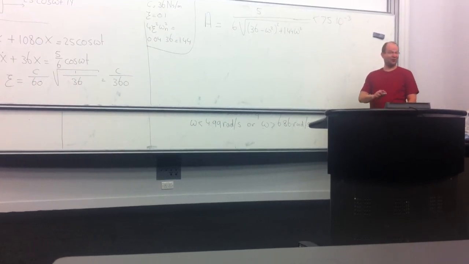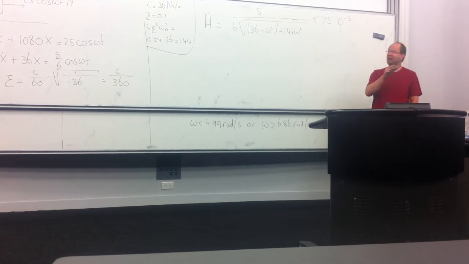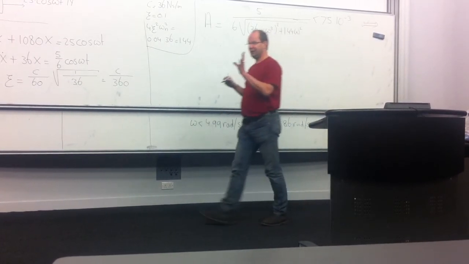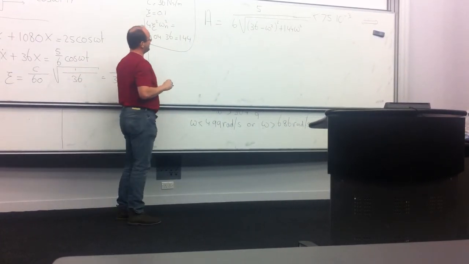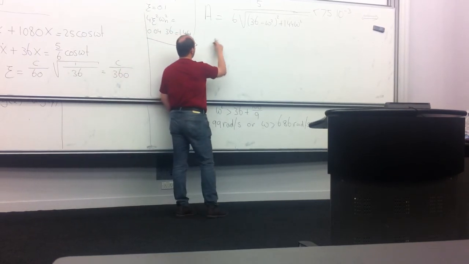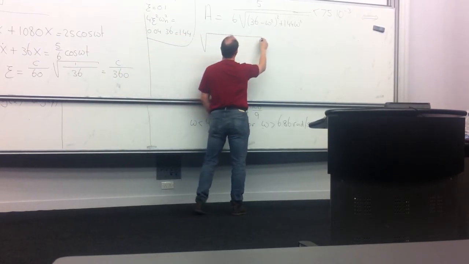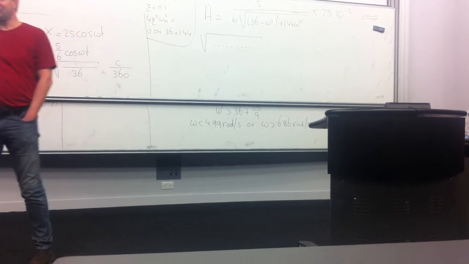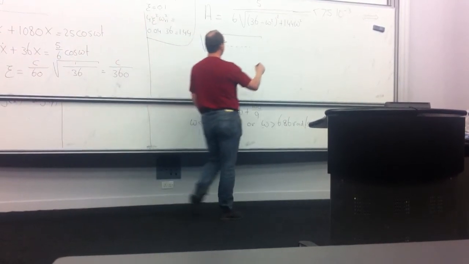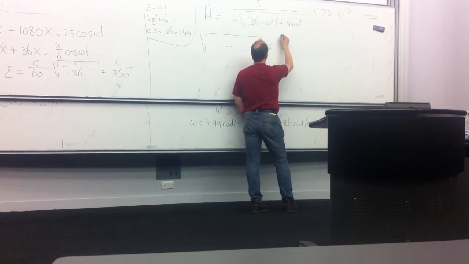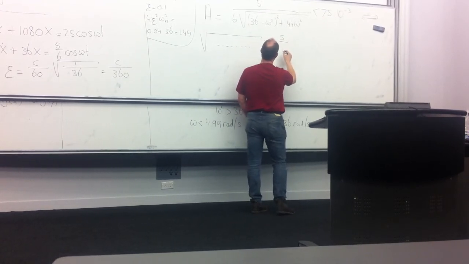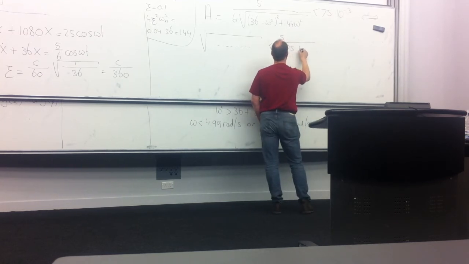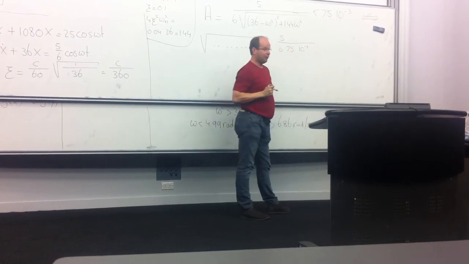Okay, for time's sake, I'm now going to take a quick step, which I'm going to do a bit more slowly tomorrow. This is the same as saying that the square root of all this rubbish has to be larger than 5 divided by 6 times 75 times 10 to the power minus 3.